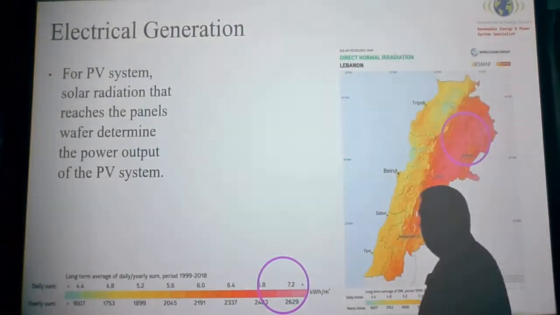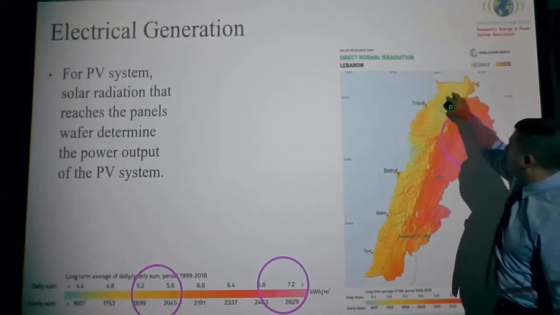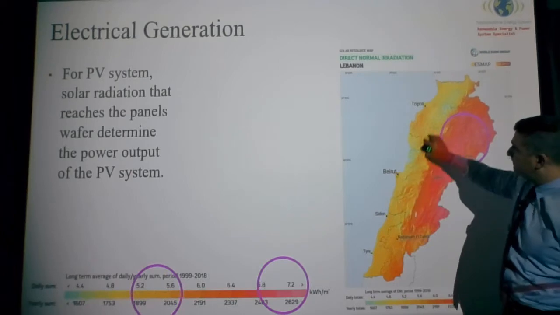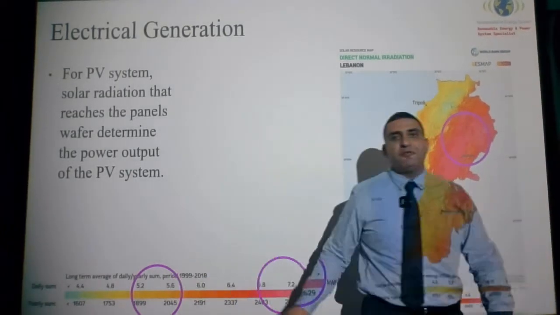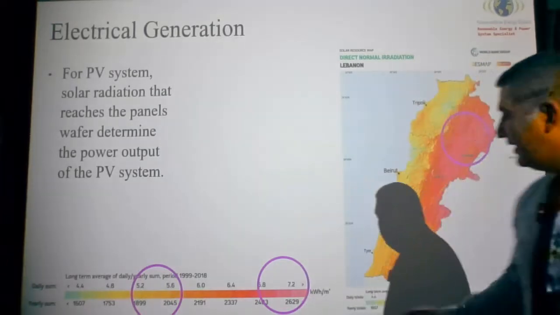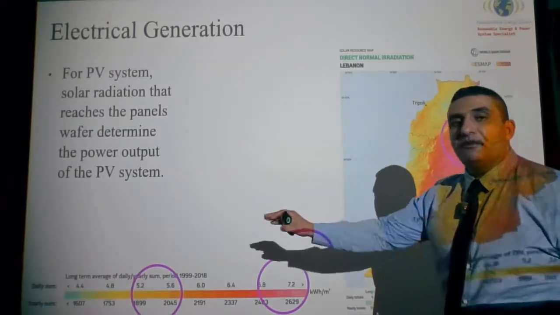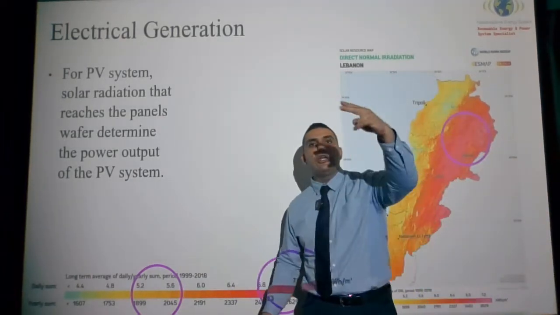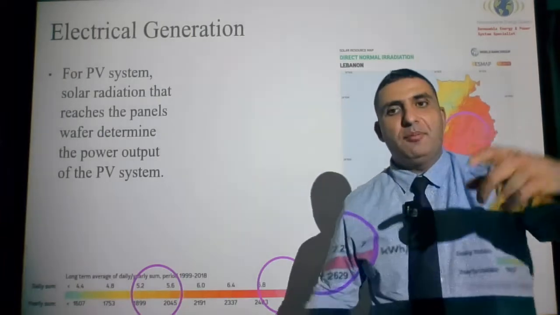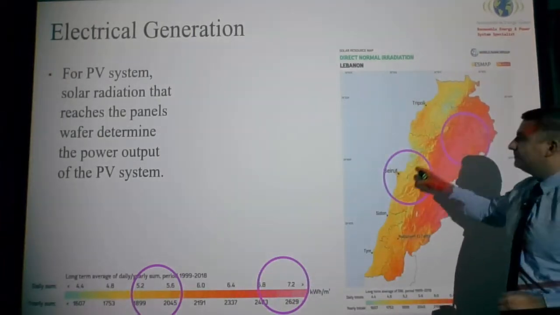While if I go to, let's say, this area, I will have between 5.2 to 5.6 kilowatt hours per square meter from the solar radiation per day. As you can see, I dropped almost 2 kilowatt hours per square meter per day between the two areas.